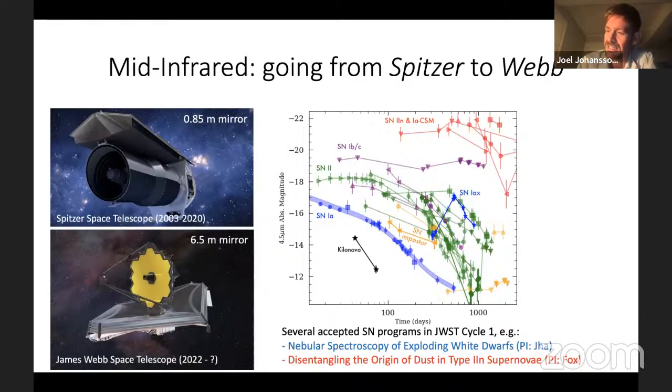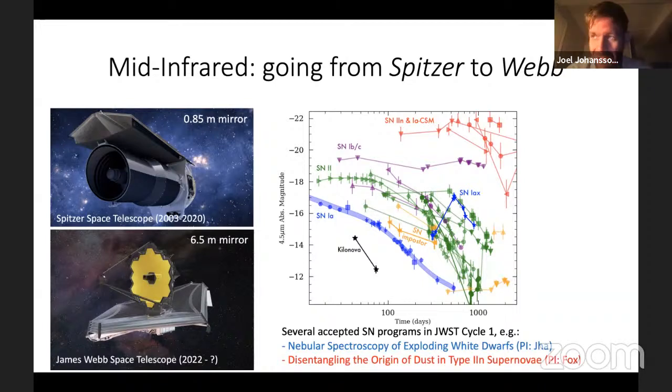So in, I guess, 6 minutes time, I will try to quickly go through what I think is super exciting now. Especially since I did work a lot with the Spitzer Space Telescope during my PhD and so on. And now, finally, since I would say middle of August, I'm also working on James Webb data.